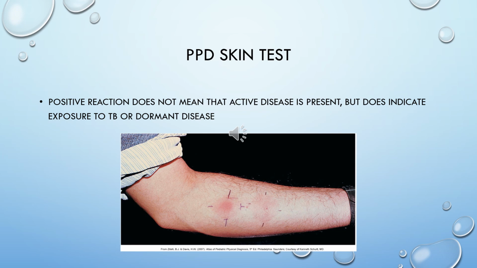They may not react at all. Or if we have a patient who we know has a diagnosed immunocompromised problem, if they were to create an induration of greater than 5 millimeters, we would consider that a positive test for that particular patient.